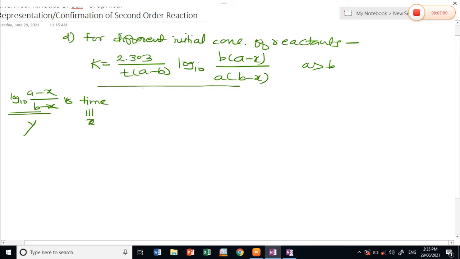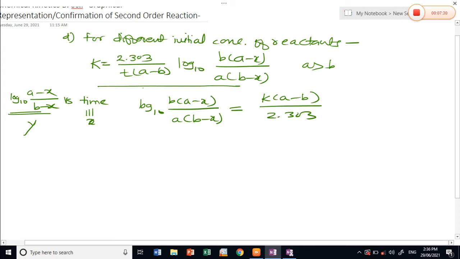Whatever the term here, it will multiply to this k, and this remains as it is. So we'll write down like this: log to the base 10 b into a minus x divided by a into b minus x is equal to k into a minus b divided by 2.303, and t.